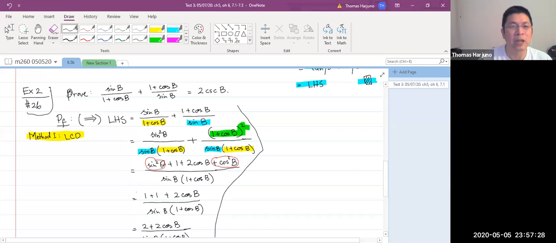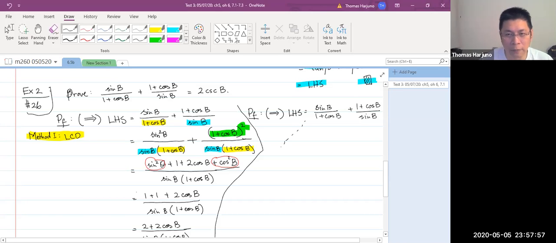Now the second method. I will still prove from left to right. So this is sine B over 1 plus cosine B plus 1 plus cosine B over sine B. Let me move this to the left a bit so that I have more space.